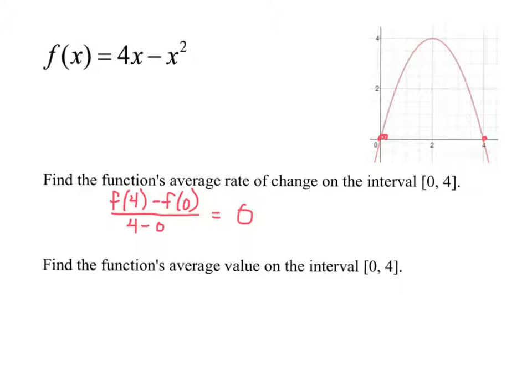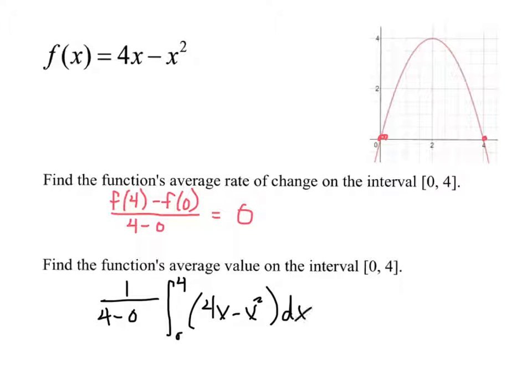And the average value, well, we would do 1 over 4 minus 0 multiplied by the integral from 0 to 4, and again we just have 4x minus x squared. Now, you can all calculate that, and I'm not going to do that for you in this video, but I did want to just mention this.